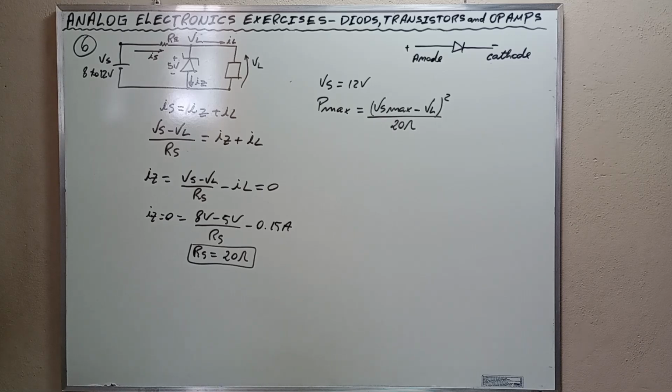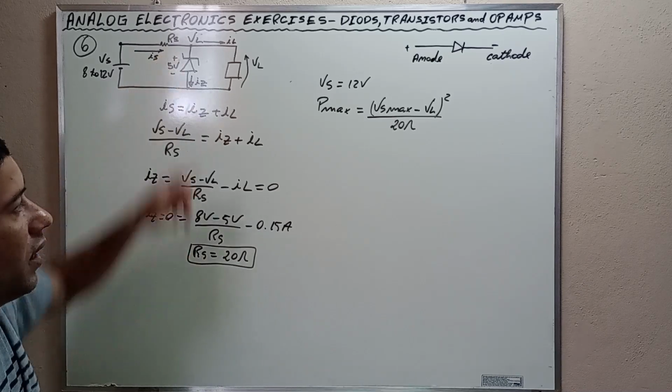This is the maximum value of the dissipated power in resistor Rs.